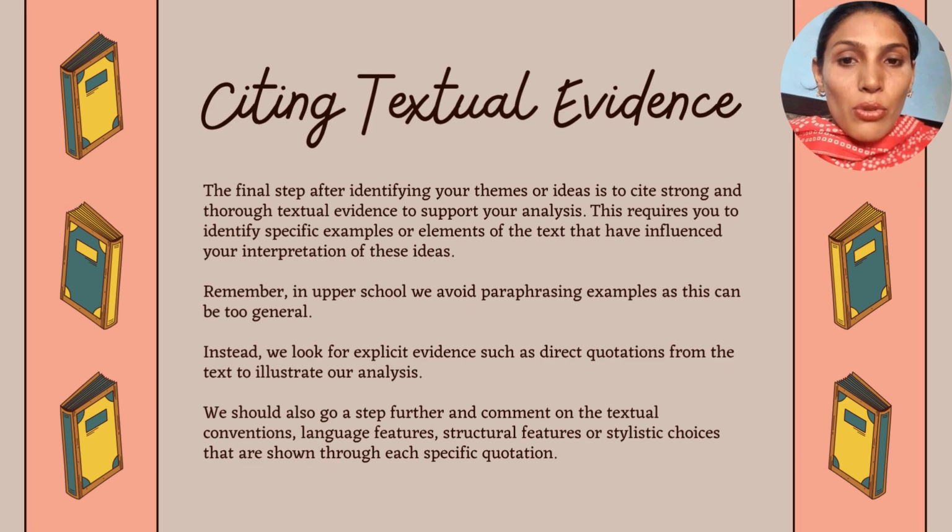Remember, in upper school, we avoid paraphrasing examples as this can be too general. Instead, we look to explicit evidence such as direct quotations from the text to illustrate our analysis. We should also go a step further and comment on the textual conventions, language features, structural features, and stylistic choices that are shown through each specific quotation.